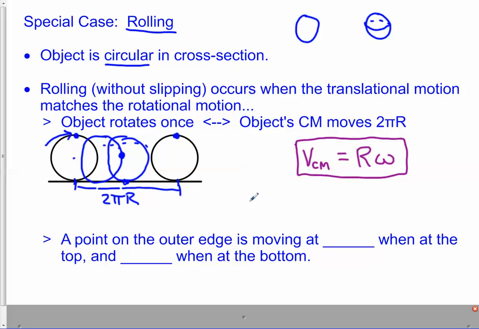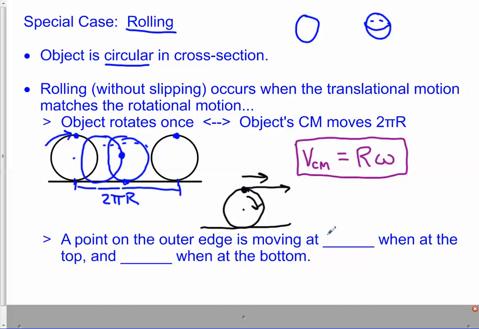One thing that is interesting is, if I redraw the picture and I have the circle rolling this way, and we think of a point on the outer edge up at the top, this point is moving this way, right? Now, there's two parts to it though. It's moving to the right because the whole wheel is moving to the right, but also, because this wheel is spinning this way, it has some velocity that way because of that.